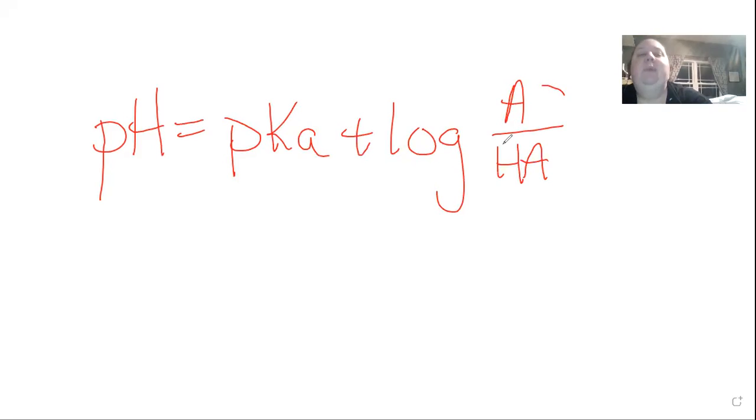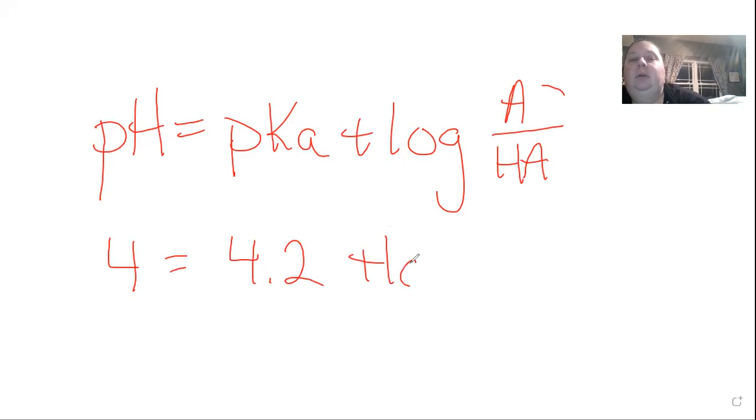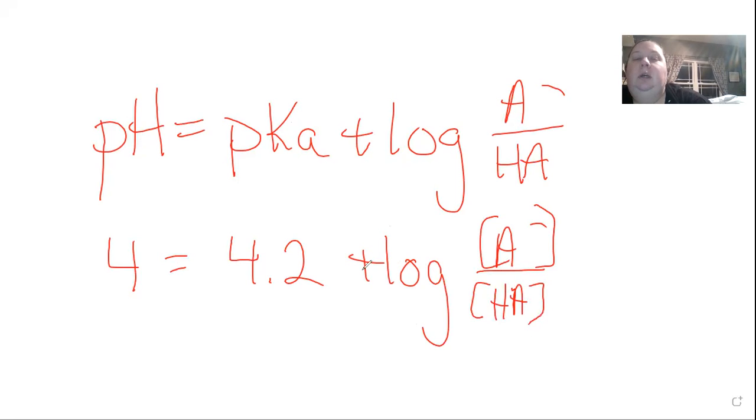Sometimes maybe we want a pH of exactly 4, but the only acid that we can get is going to give us a pH of, I don't know, like 4.2. So we can play around with the concentration of the acid and its conjugate until we can modify that to come out to an exact pH of 4. So we don't always need those concentrations to be exactly the same.